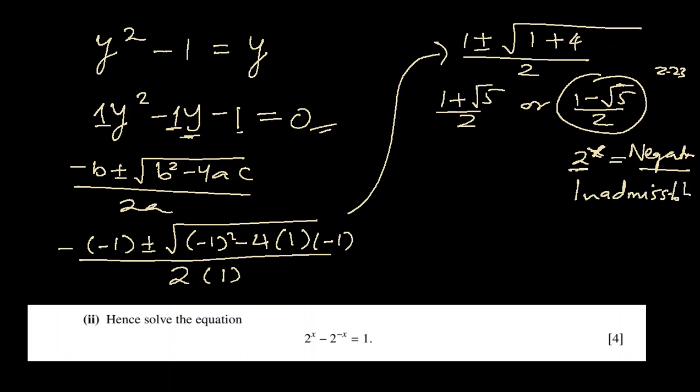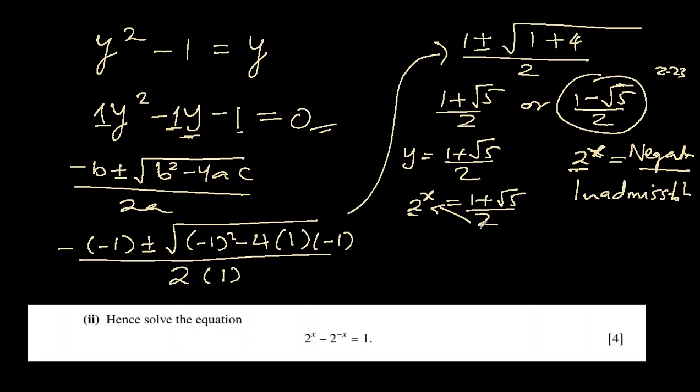So let's focus on the other one. 1 plus square root 5 over 2. Y equal to 1 plus square root 5 over 2. This makes sense. So y is 2 to the power x equal to 1 plus square root 5 over 2. Let's multiply this 2 with this 2.